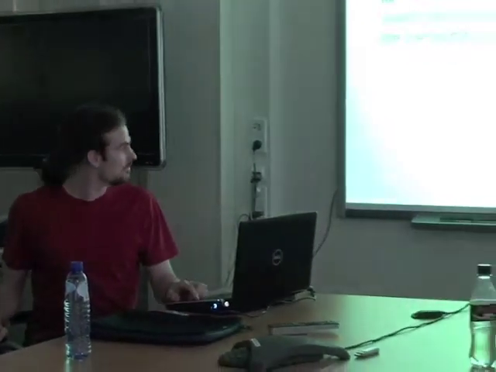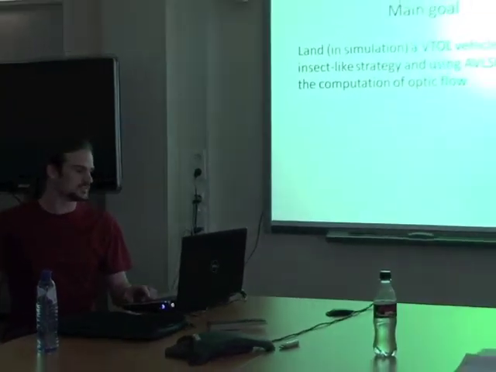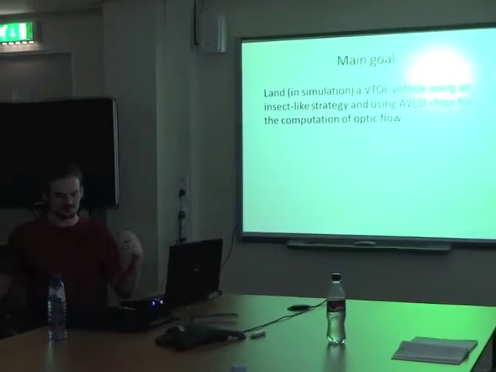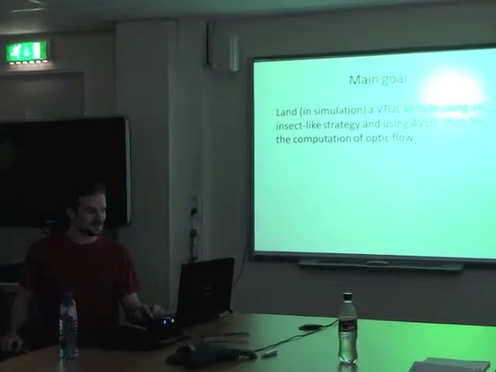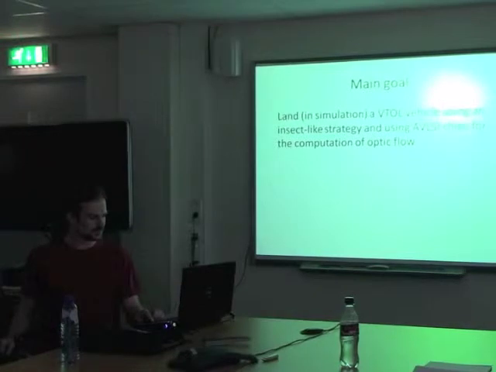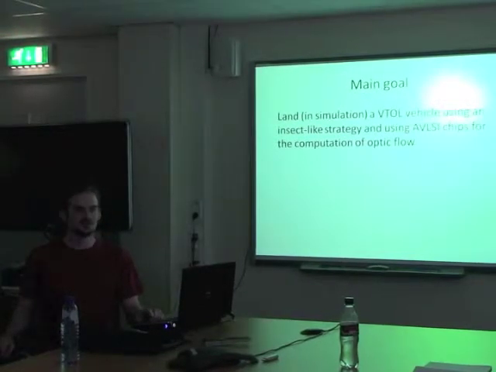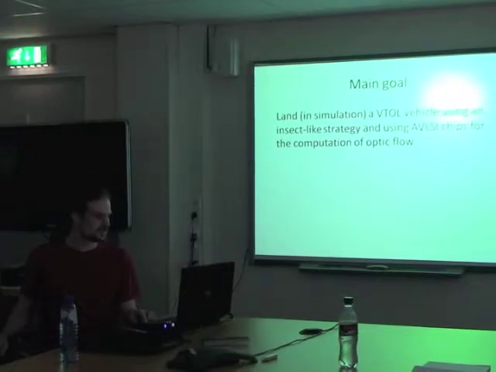vehicles. So basically the target is to land, in simulation of course, a vertical takeoff and landing vehicle using an insect-like bio-inspired control strategy and also a bio-inspired vision sensor which computes the optic flow.